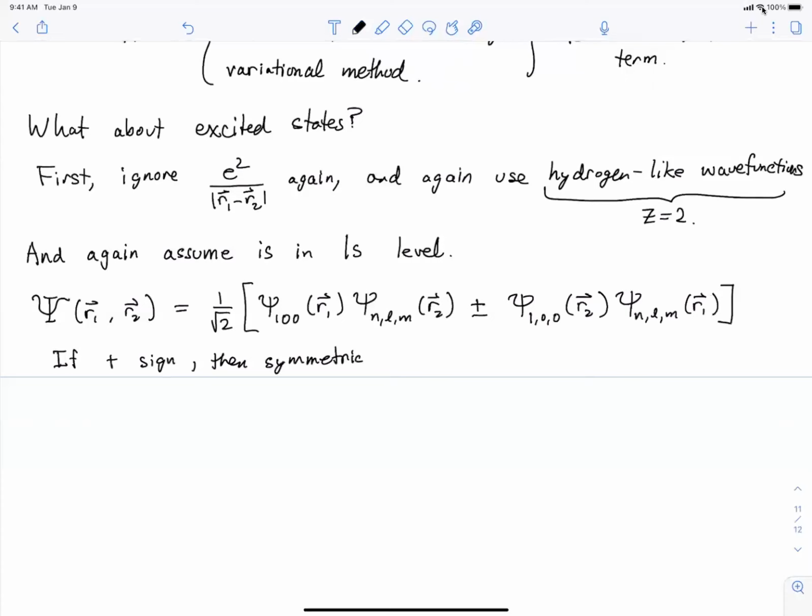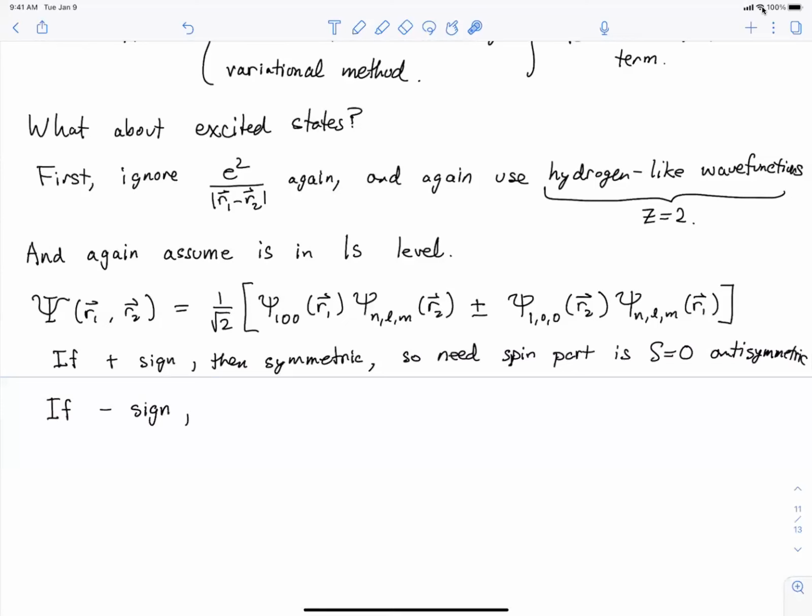And so then I must have the spin state be antisymmetric, just like for the ground state. So I have no choice about that. The spin part has to be spin equals 0 because that's anti-symmetric. Okay, but the difference is that now I can choose the minus sign.